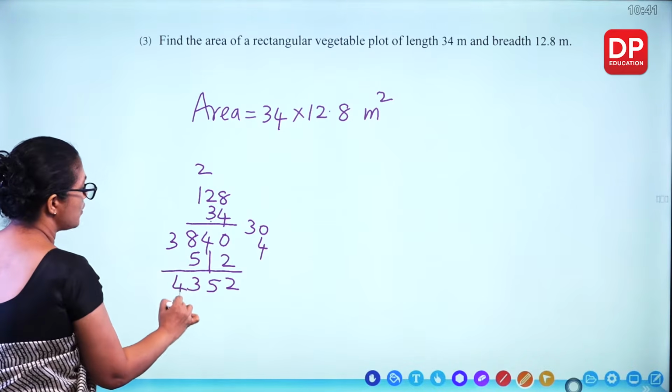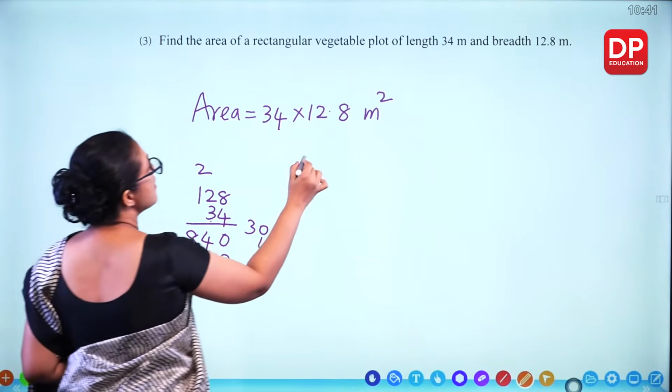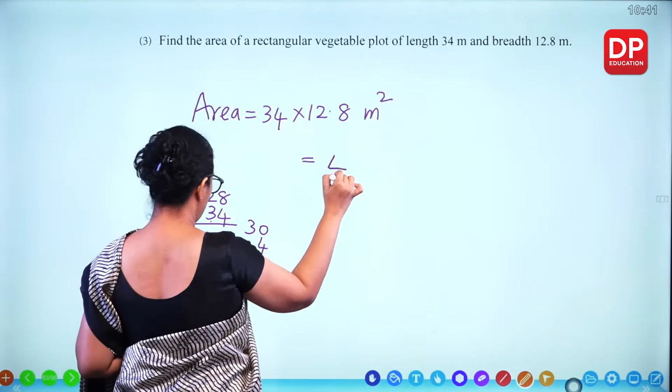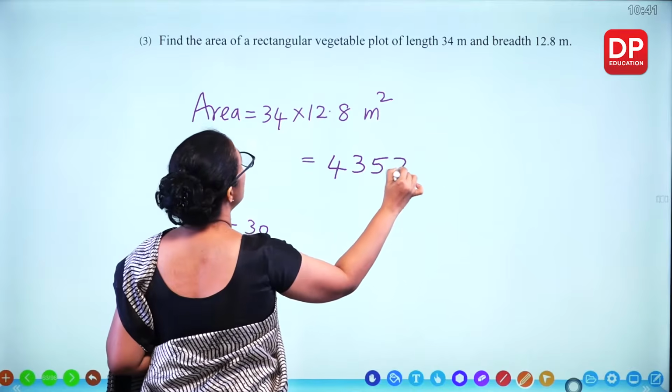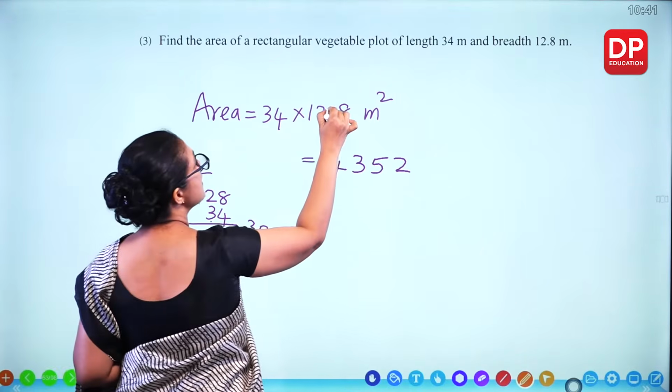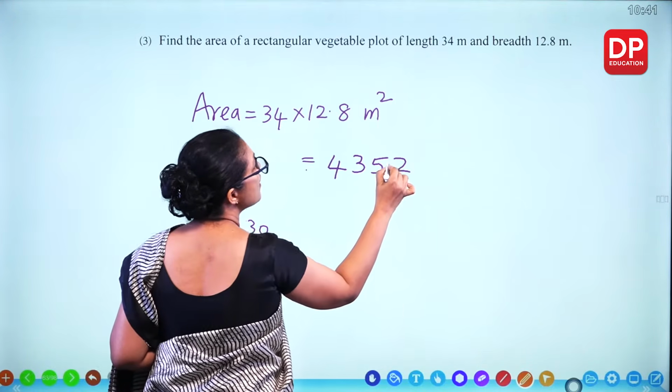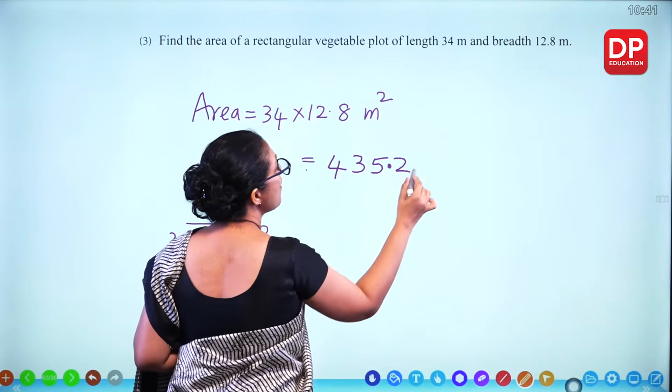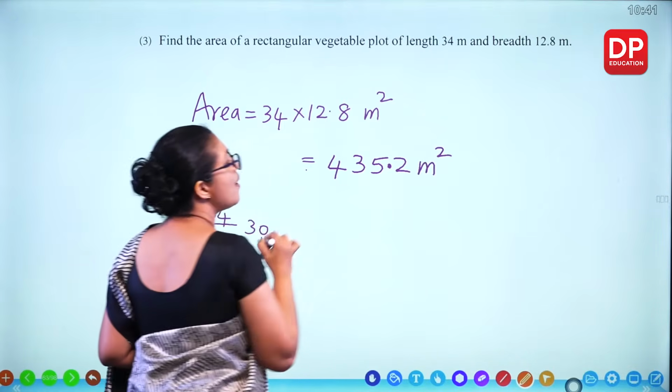You get 4,300. You get 4,352 and 1 decimal place is there. So keep 1 decimal place. 435.2 square meters.